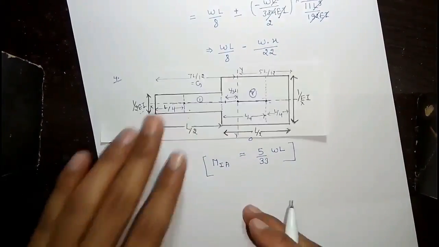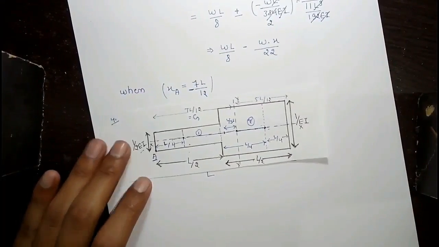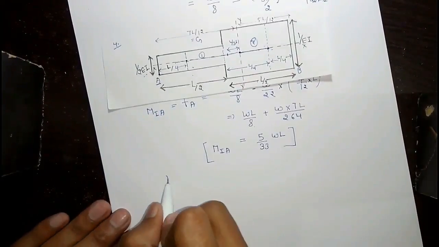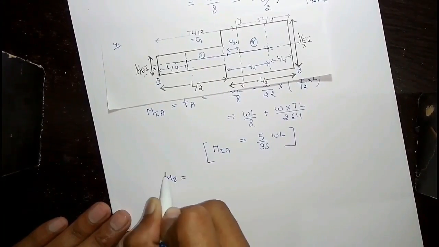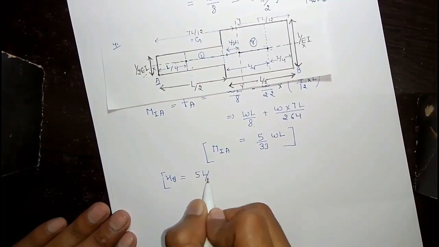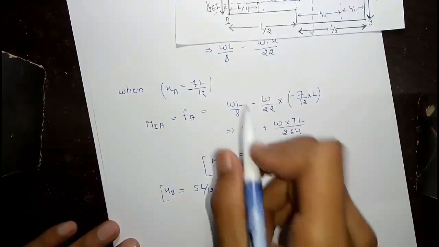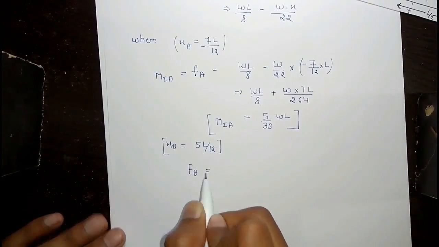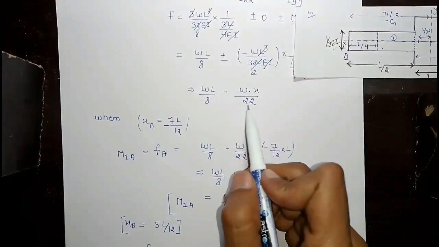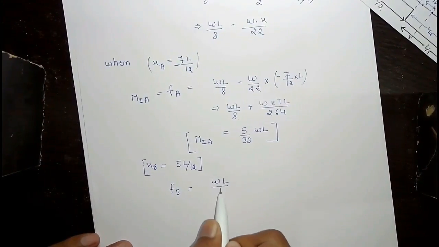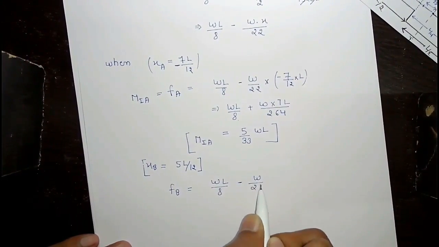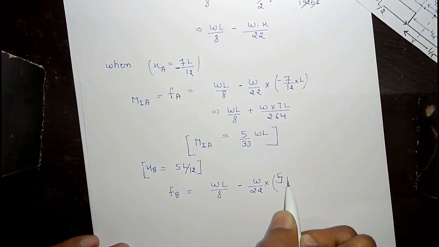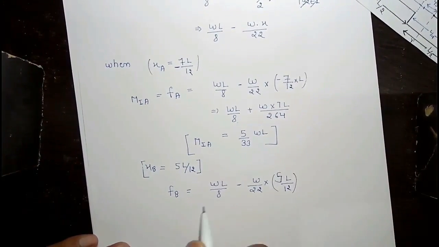And now for B, the x will be 5L by 12 because it is to the right of the y direction, so it will be 5L by 12 positive. So f at B will be WL by 8 minus W divided by 22 into 5L by 12.